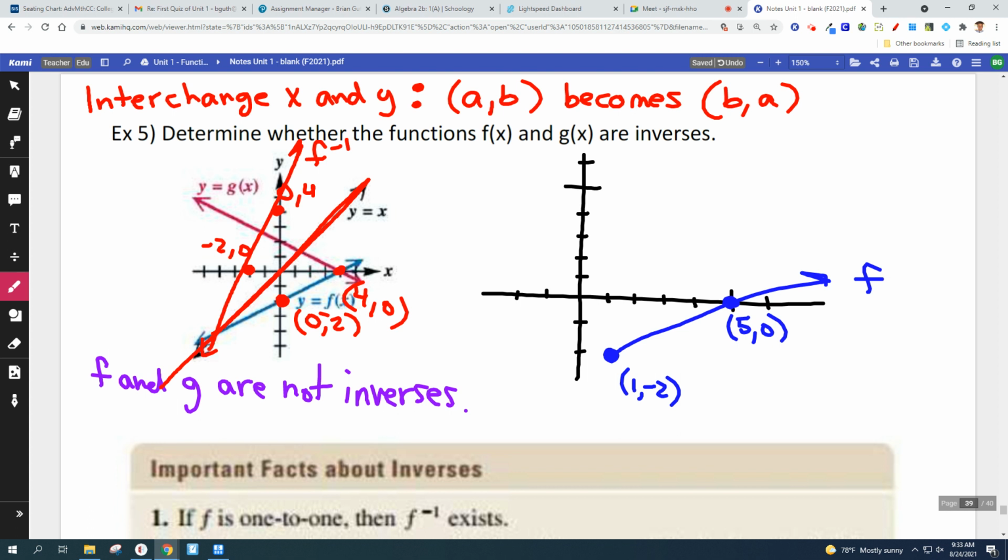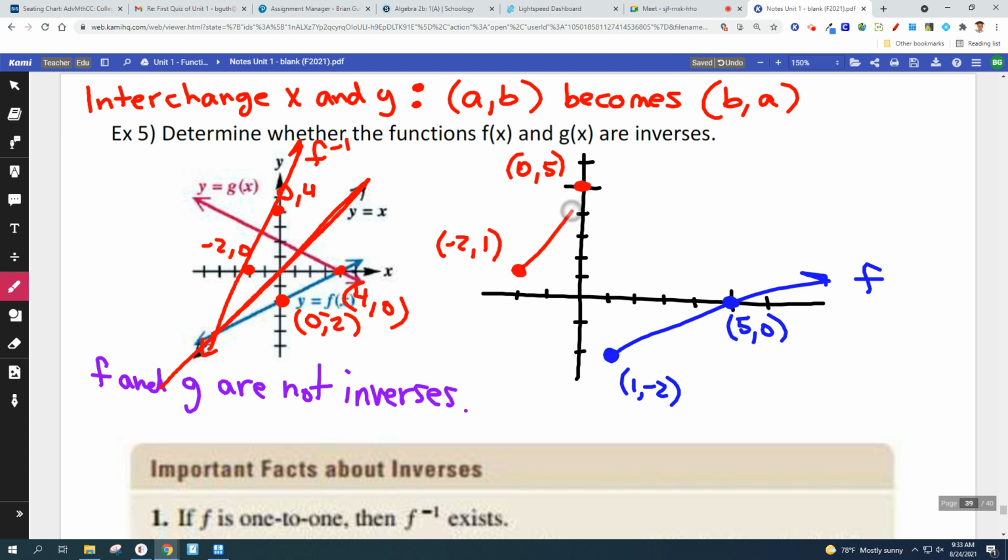If I wanted to construct the picture of the inverse, you just have to switch the x and y. So if I switch x and y, then that first point becomes (-2, 1), and this point becomes (0, 5). The same thing goes for any other point you want to try on that line.